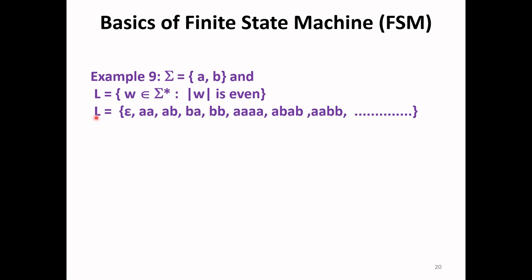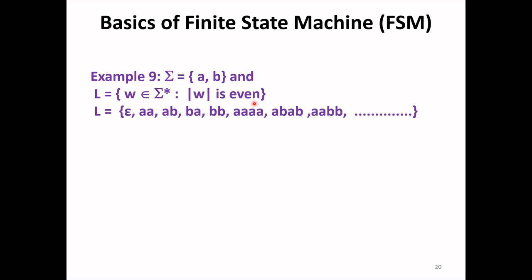Possible strings in this language are: no occurrence of A or B, which represents epsilon; two A's, string length is even; AB or BA, string length is 2; BB, string length is 2; AAAA, string length is 4. So similarly, it can be either A or B, but the string length must be even.